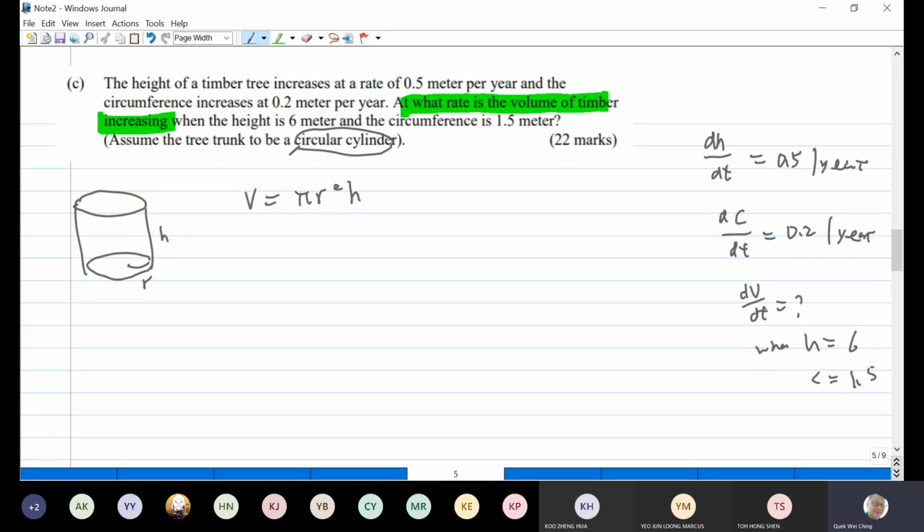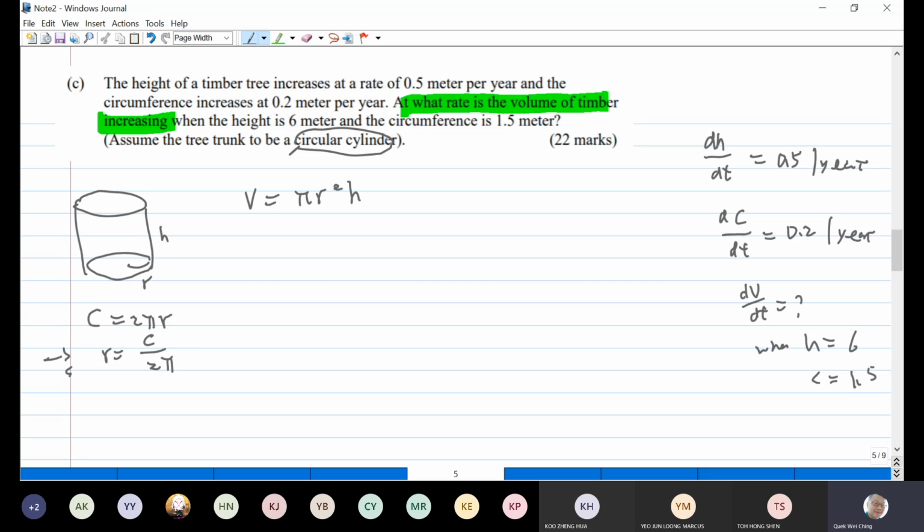Unfortunately, they don't use r and h, so you need to convert. What is circumference? Circumference is 2 pi r, so c equals 2 pi r. So r is equal to c over 2 pi.